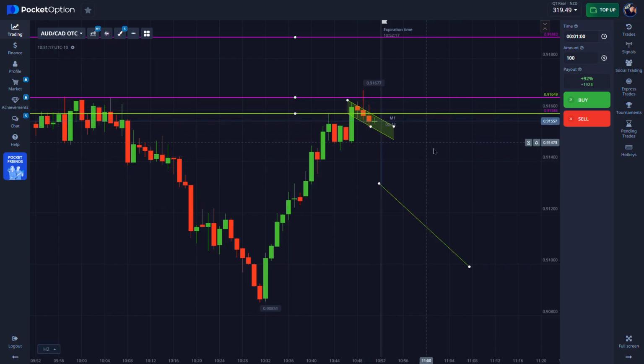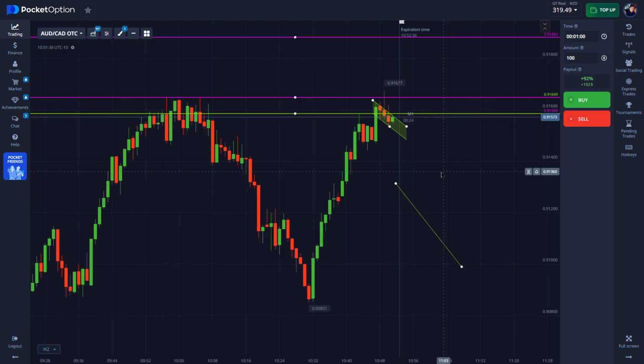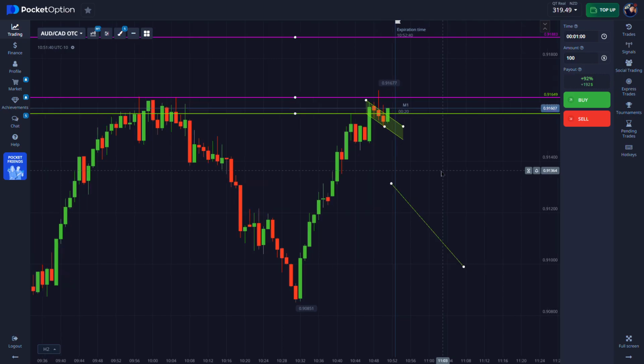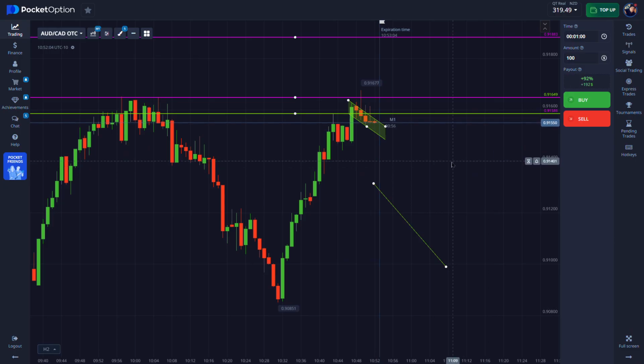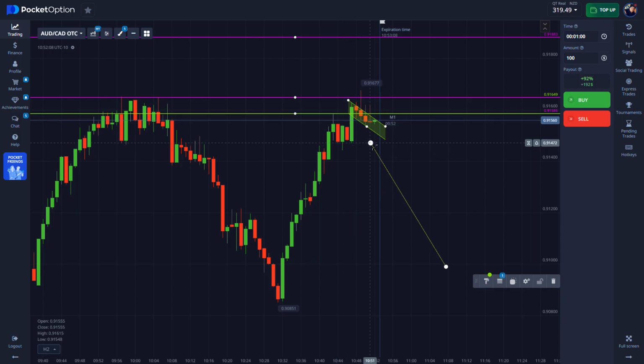There's another pattern here, three black crows. And coming down to sweep these lows. You need to sweep these lows in order for it to go up again.